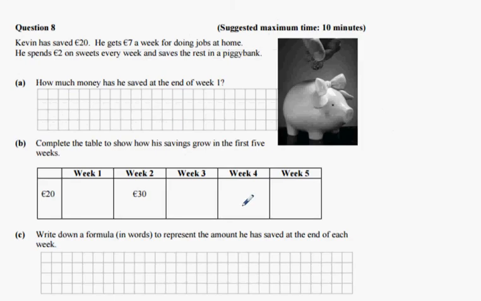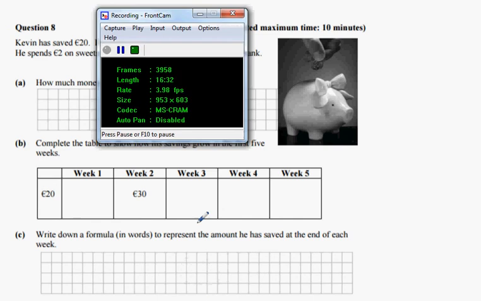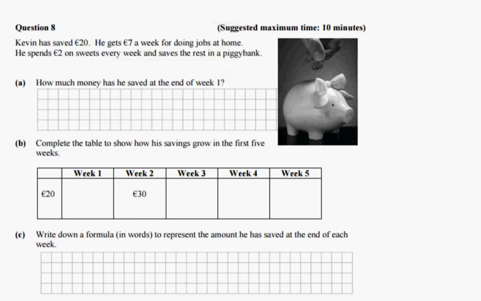Now, question 8, the piggy bank question. How much money have we saved at the end of week 1? We started off with 20 and we added on 7, so we get... Oh yeah, sorry.